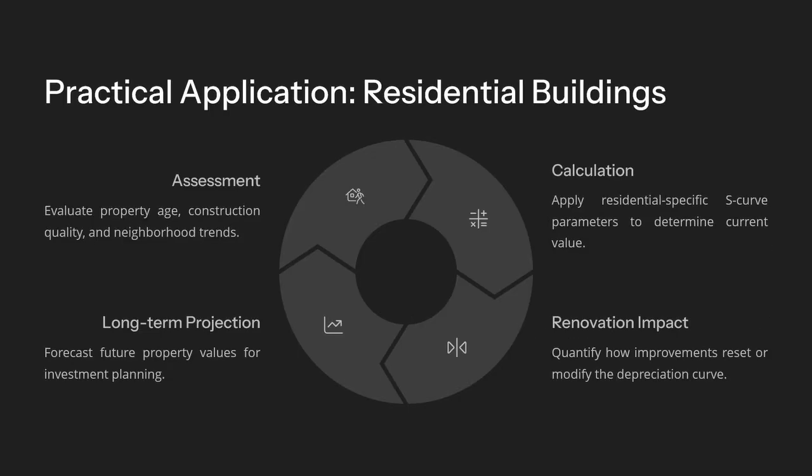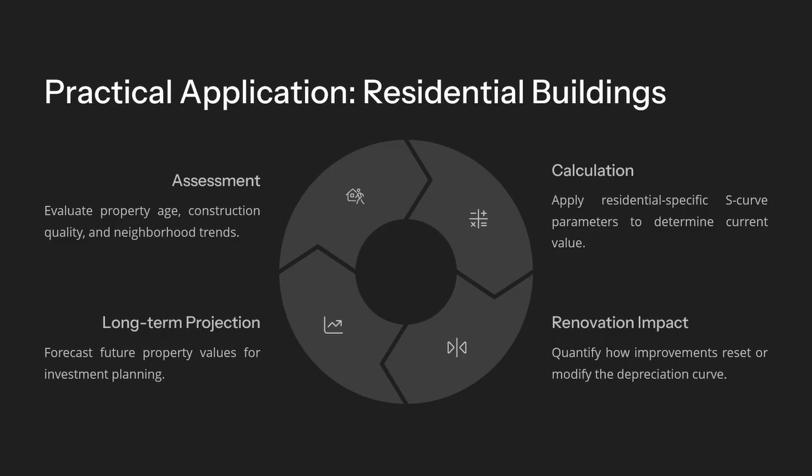Next, what are the practical applications of S-curve? It may be applied in residential as well as in commercial building. For residential buildings, S-curve may be used for calculating the property age, construction quality, and neighborhood trends. These things are used for assessment of S-curve parameters.